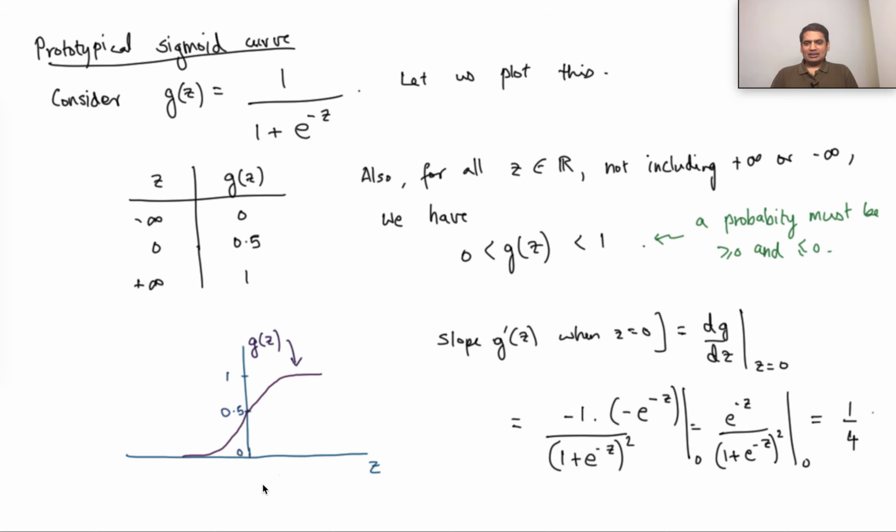The slope is close to 0 here and close to 0 here, but everywhere it's positive. It limits to 0 at plus infinity and minus infinity. So that's what this prototypical sigmoid curve looks like.